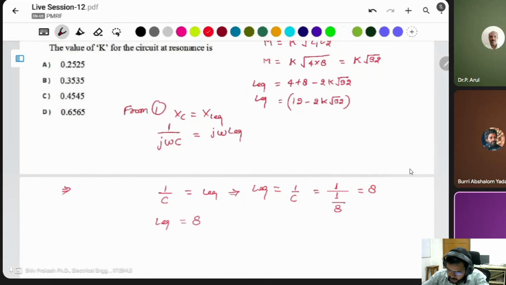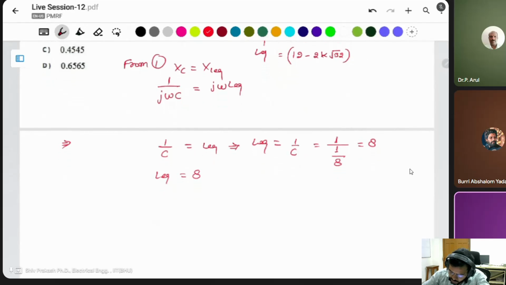at resonance condition. And this will be given as 12 minus or plus k root of 32 from the circuit. This will be 8 minus 12 is equal to minus or plus k root of 32. This will be minus 4. Then what is k?